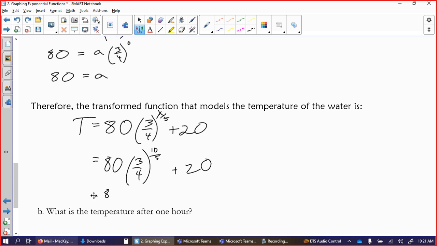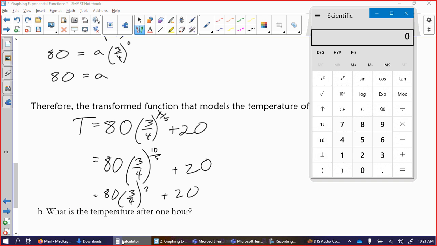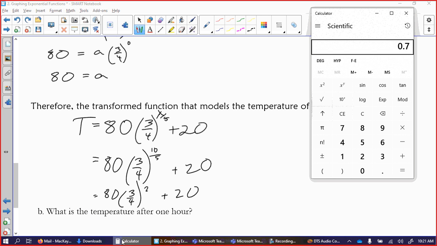Well, 80, 10 over 5 is 2. 3/4 squared plus 20. Here's hoping. 0.75 squared times 80.